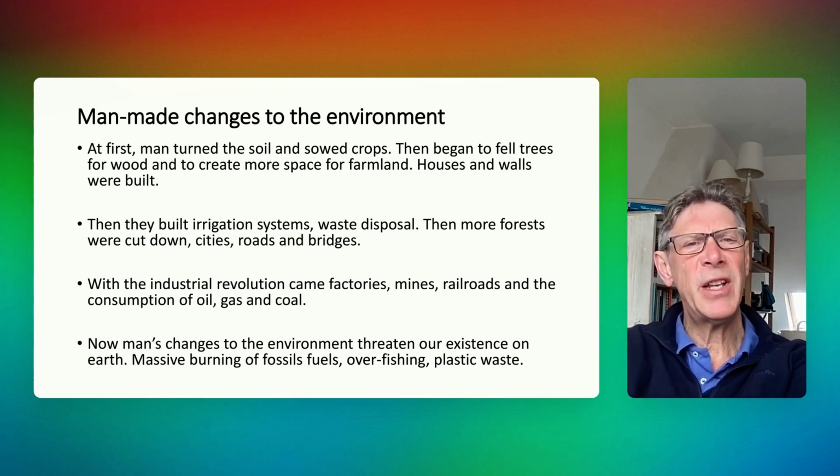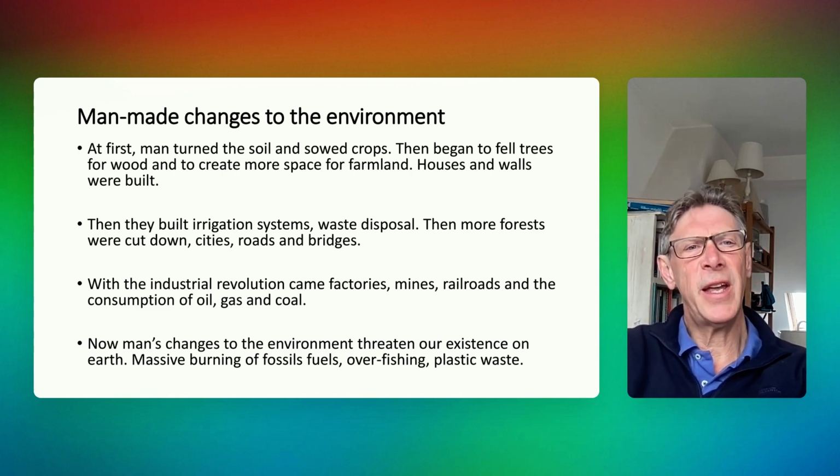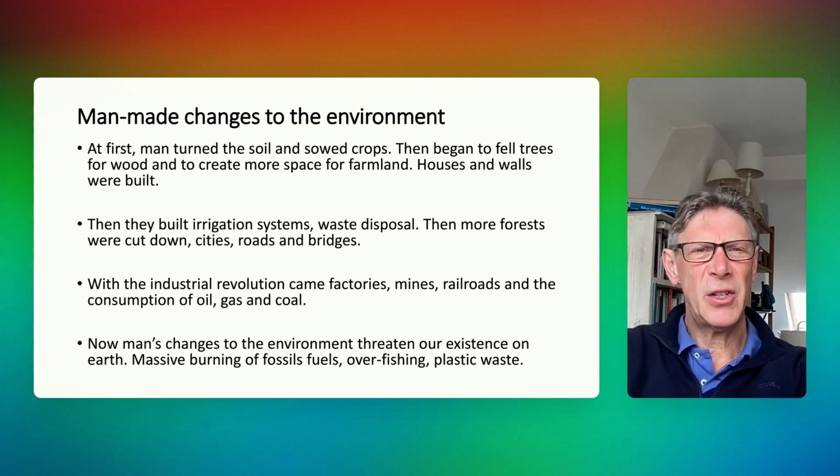And then with the Industrial Revolution, which we learned about in focusing themes, it actually started in the UK, came factories, mines, railroads. And we learnt that with these engines, machines that we were using to power our Industrial Revolution, we could burn oil, gas, and coal.